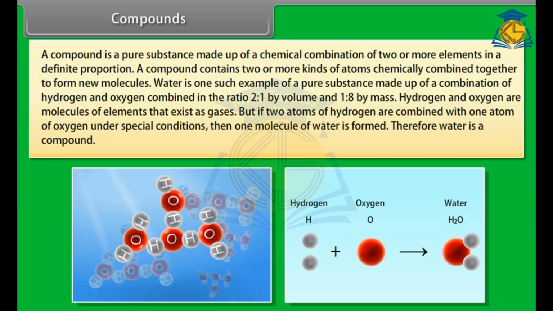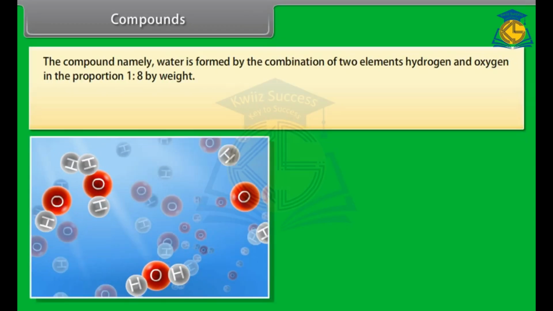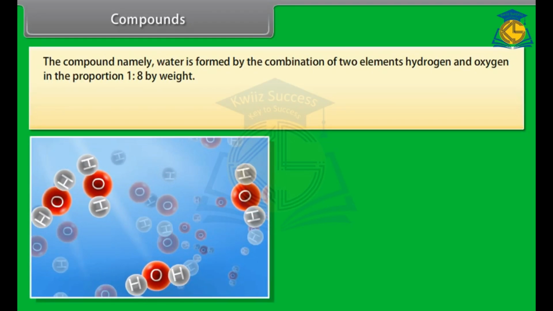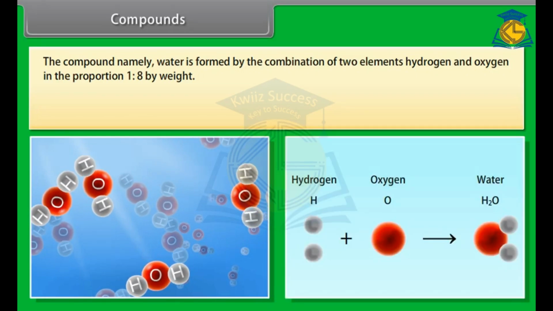But if two atoms of hydrogen are combined with one atom of oxygen under special conditions, then one molecule of water is formed. Therefore, water is a compound. The compound, namely water, is formed by the combination of two elements, hydrogen and oxygen, in the proportion 1:8 by weight.